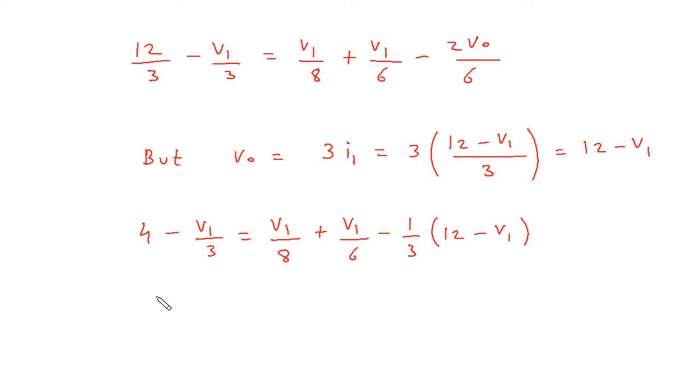Now this will be 4 is equal to V1 by 8 plus V1 by 6 minus 1 by 3 into (12 minus V1), and this V1 by 3 goes on the right side, so it will be plus V1 by 3.